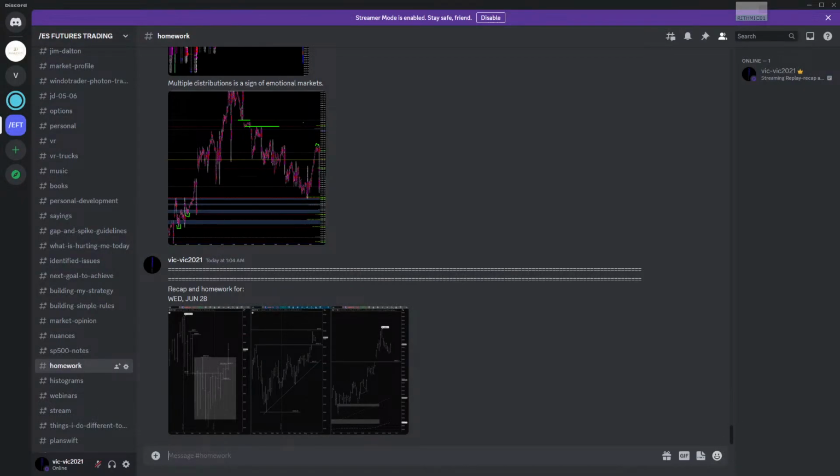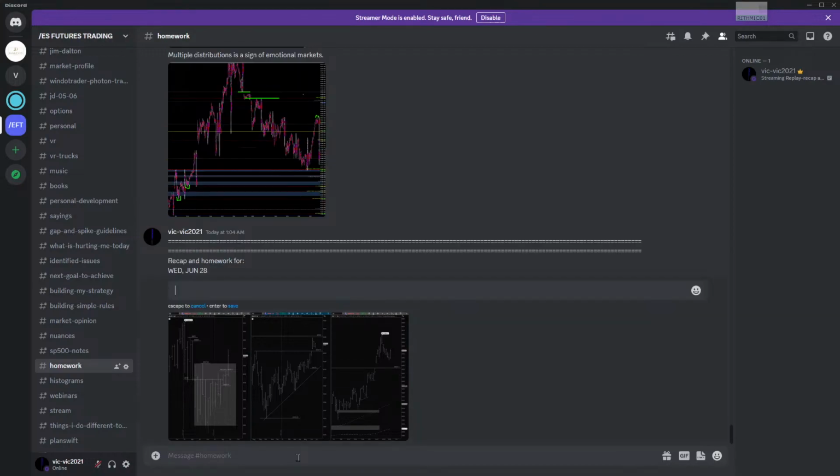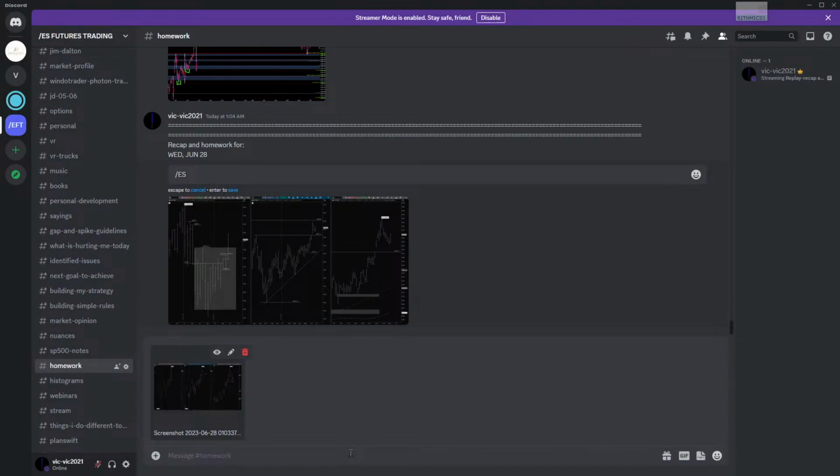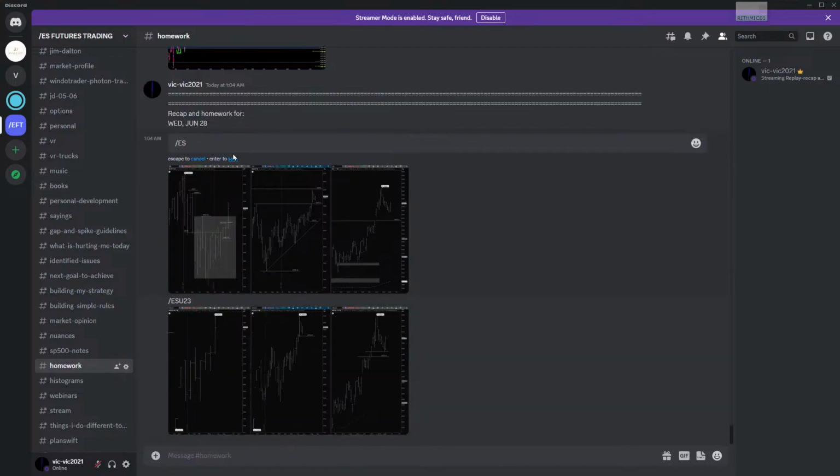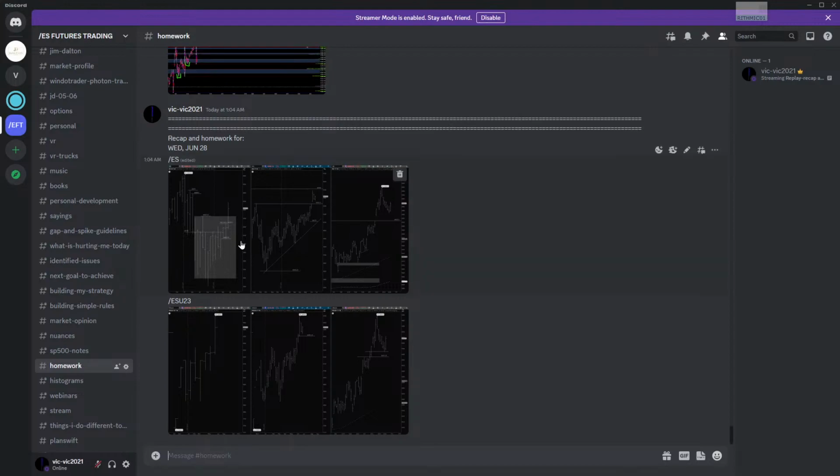This is the ES, and this one is the ESU. This is the September contract. This is the adjusted one. This is the new one.